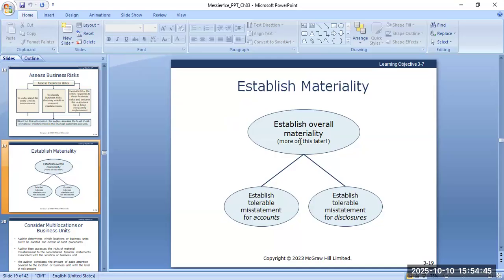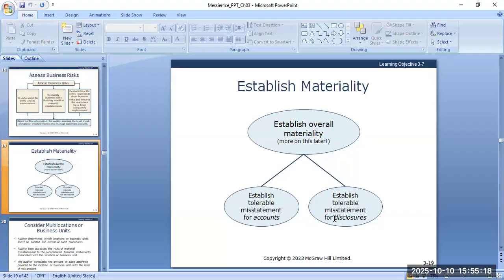Then we're going to establish the materiality. We're going to have two types of materiality. We're going to start with the overall materiality. First, we establish the tolerable misstatement for a single account, and then the tolerable misstatement for disclosure.